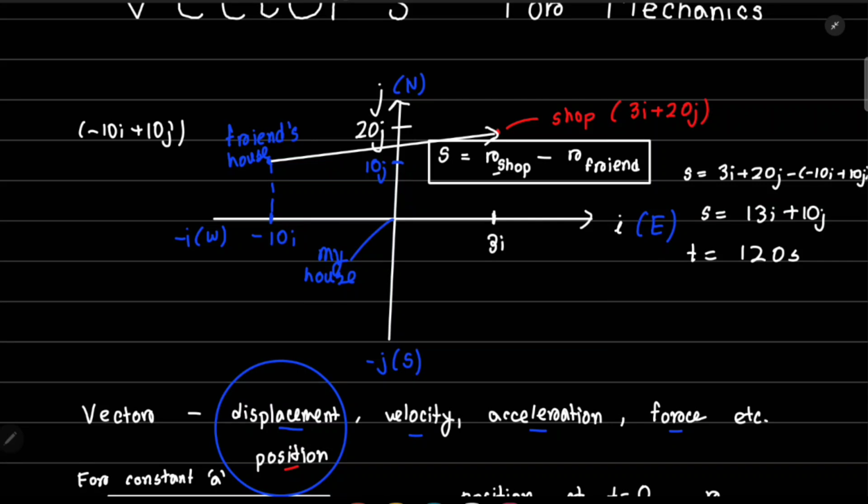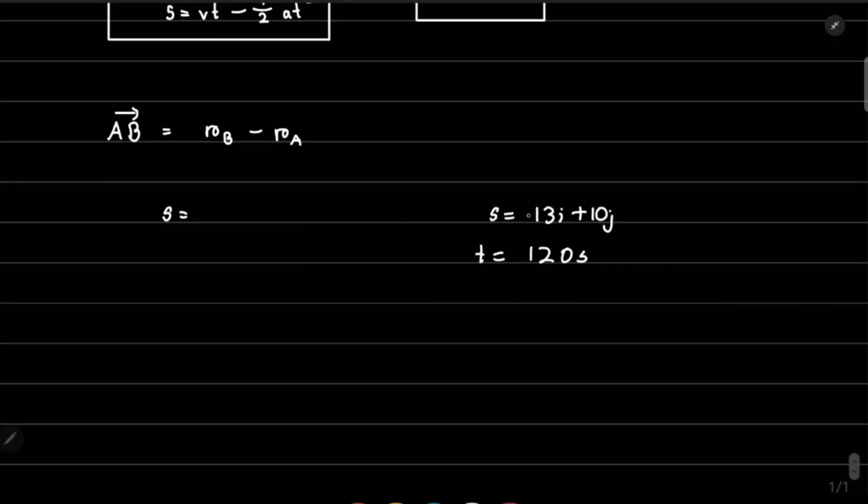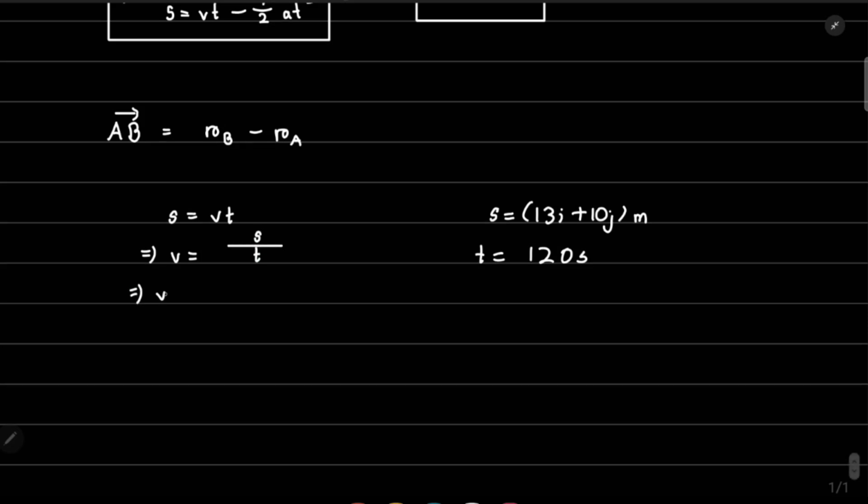Now if my friend tells me that he needs 2 minutes or 120 seconds to go to the shop from his house, I can find his velocity vector as well. I know that the displacement of the shop from his house is 13i plus 10j meters, and I know that he needs 120 seconds. So from here I can use s equals vt. I can make v the subject over here. I'll get s by t. So his velocity vector would be 13i plus 10j divided by 120.